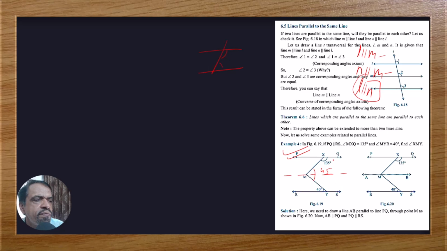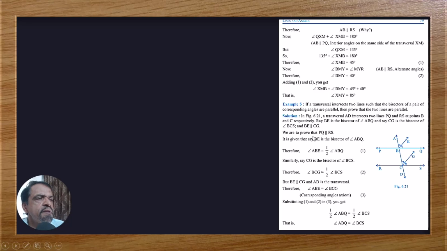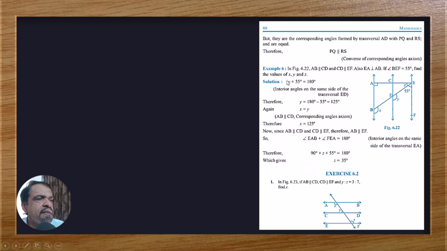So this is 45 and this is 40. So this portion will be 40, by the alternate angle concept. So 45 and 40, this is 85. You should practice this kind of question from previous papers and the exemplar also. These are very important. This example is very easy, and this example 6 is also very easy, based on lines parallel to the same line.